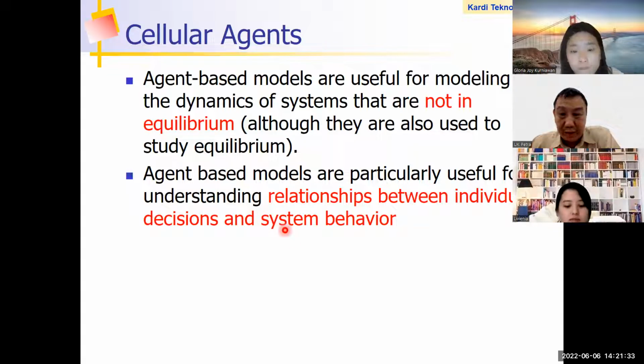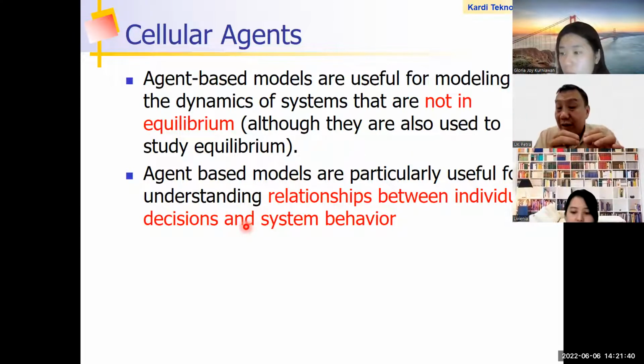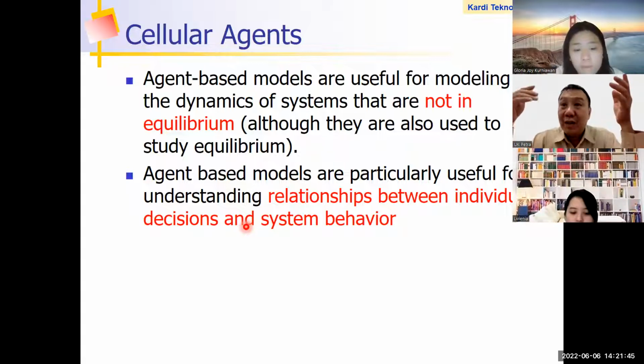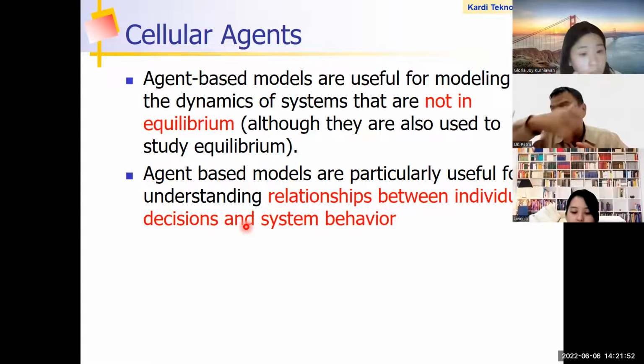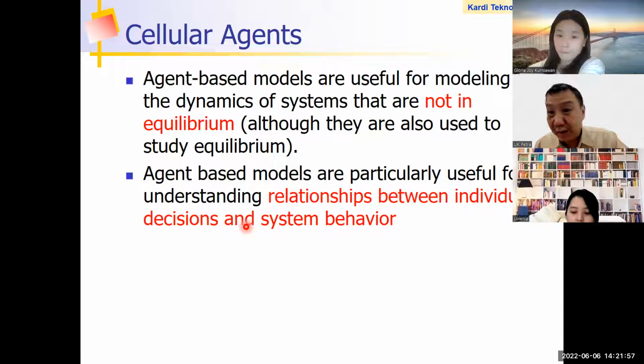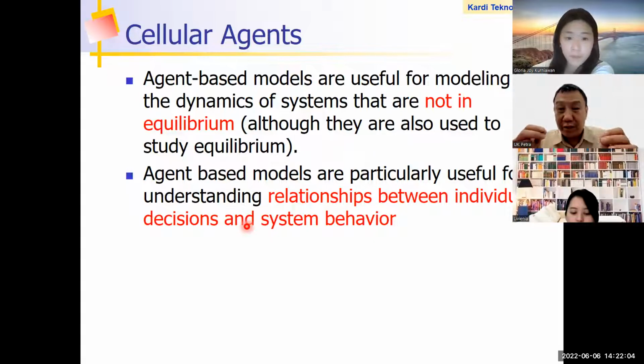Okay, the agent-based model is useful to understand the relationship between individual decisions and the system. So when we talk about complex systems, sometimes we try to understand how microscopic level decisions will influence the whole system as a whole. That is the usefulness of this CA. For example, in economics, each individual is just buying and selling, right?